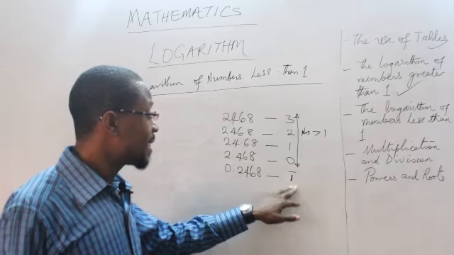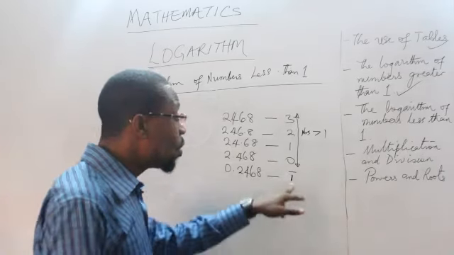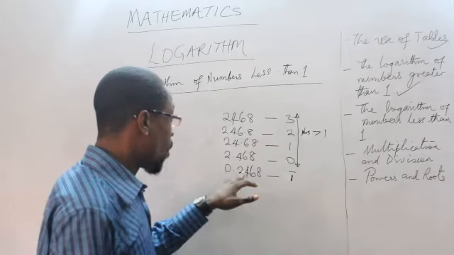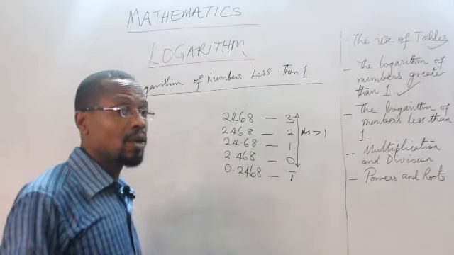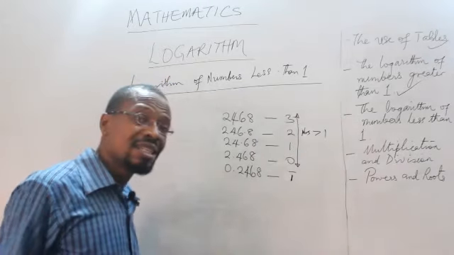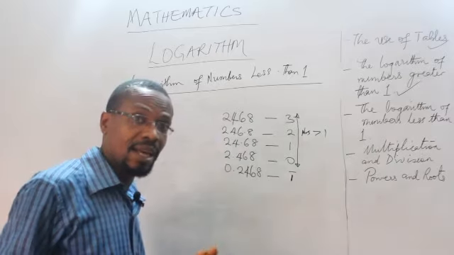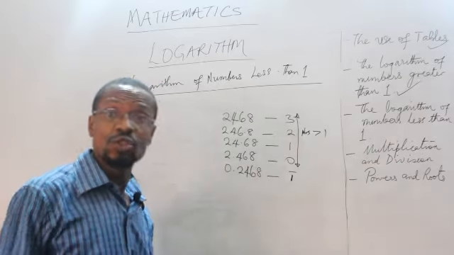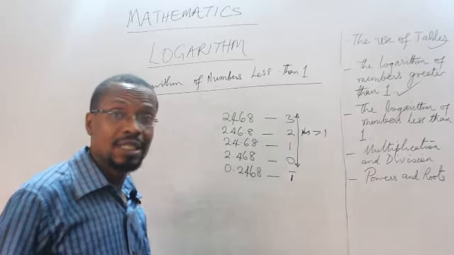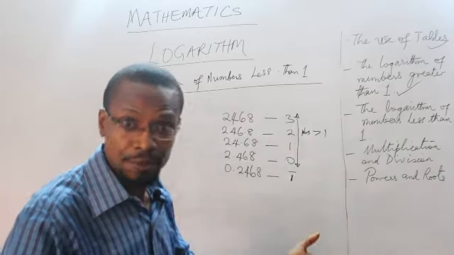The characteristic, this bar, affects only the characteristic and not the mantissa. The mantissa of this number you have here will remain the same irrespective of how many times the characteristic decides to change, depending, of course, on how the decimal points shift.